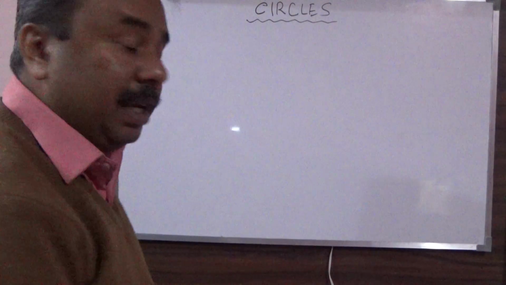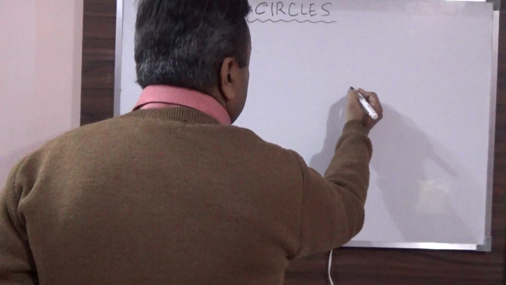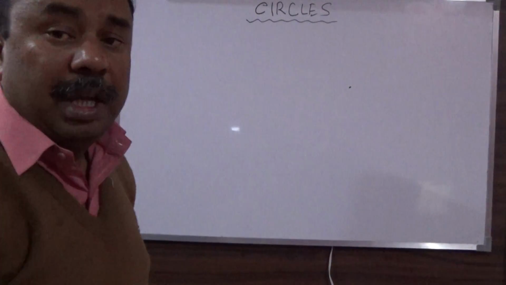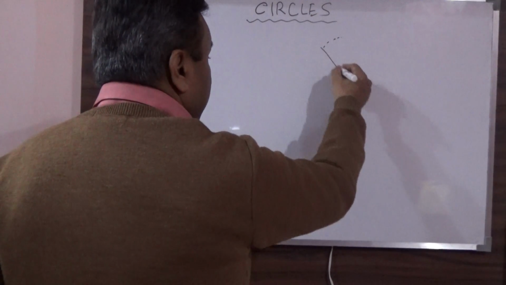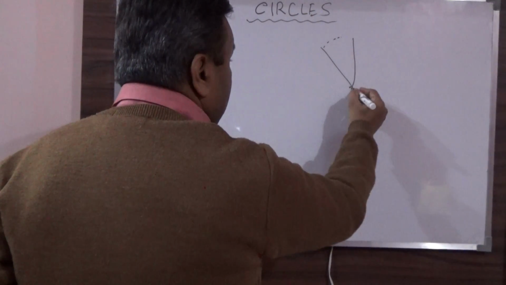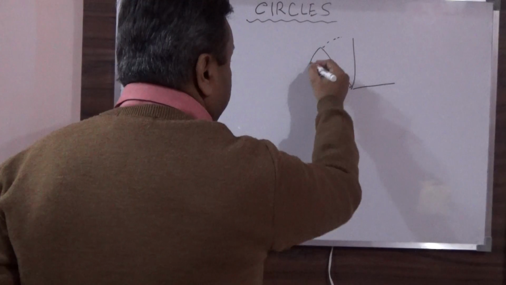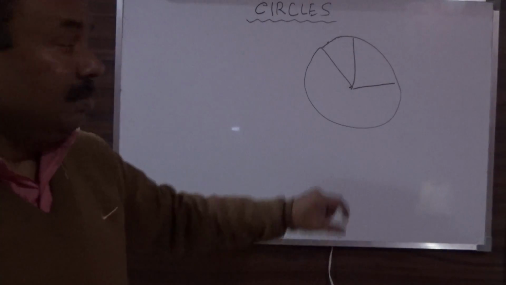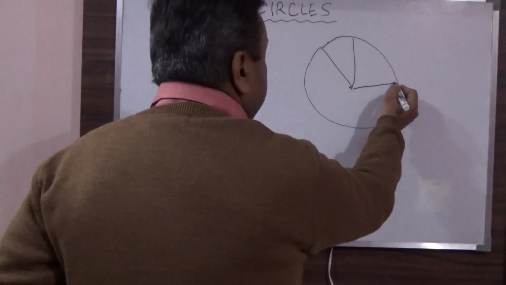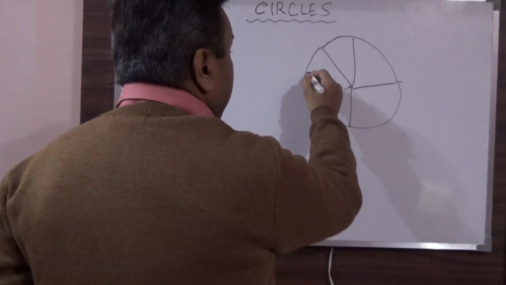If this is a given point, then all the points that are equidistant from it in any direction, irrespective of the direction, are at equal distance from this point.